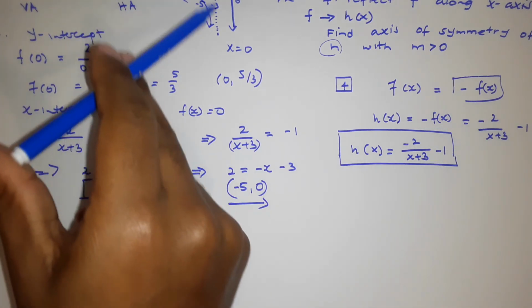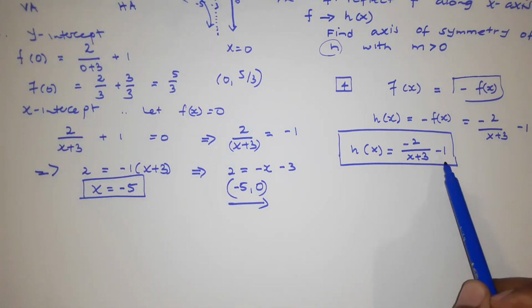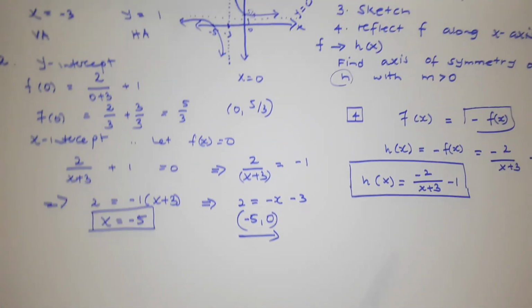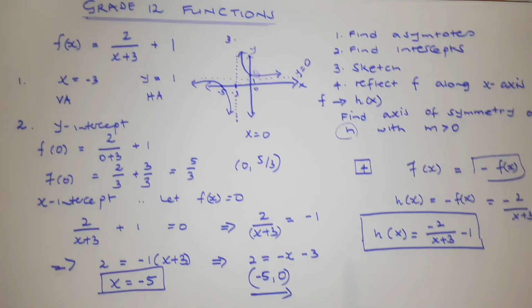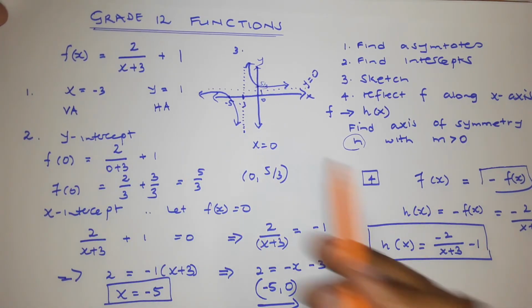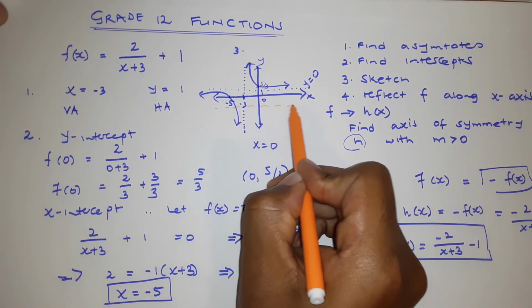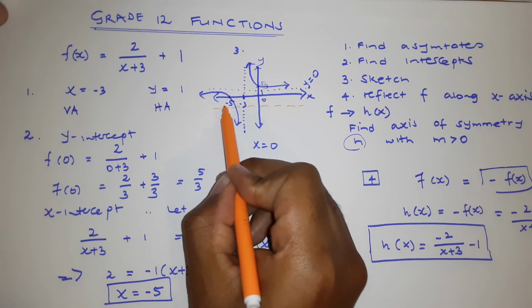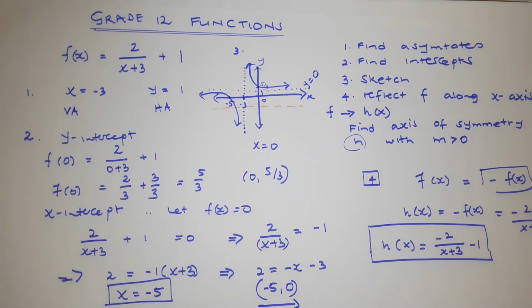It is still x is equal to -3, but the horizontal asymptote has changed to y is equal to -1. It's going to be somewhere here. So these are our 2 asymptotes now.